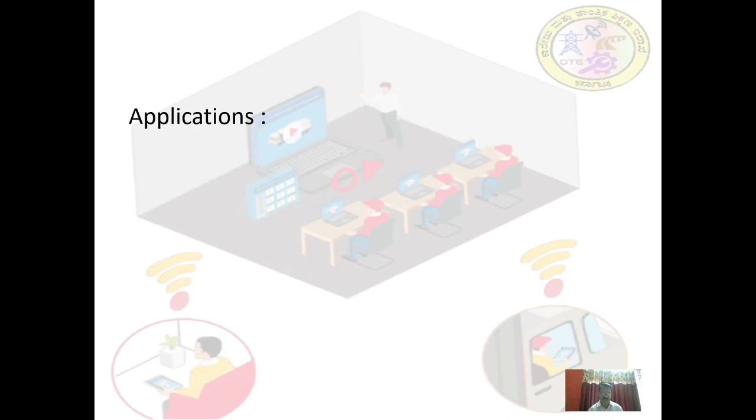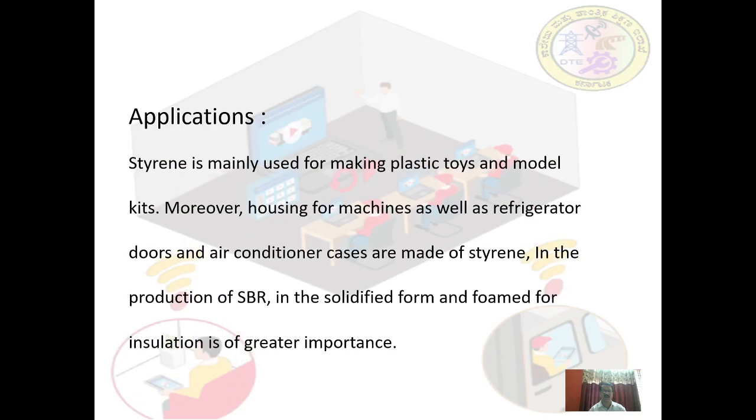Then the applications of styrene. Styrene is mainly used for making plastic toys and model kits.